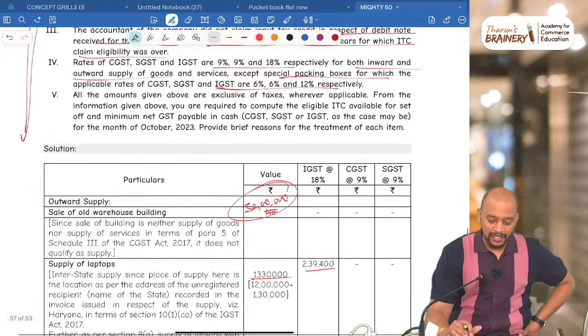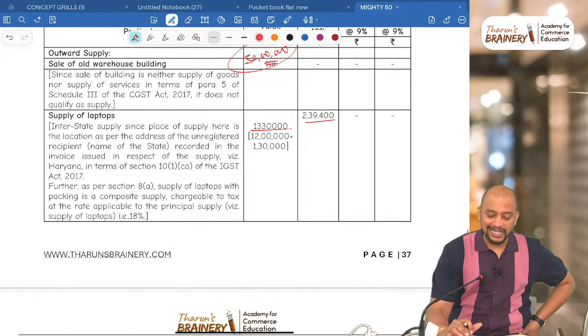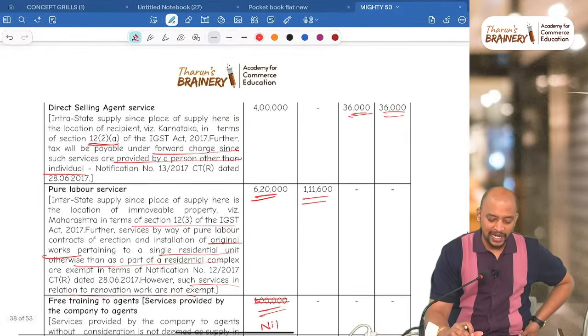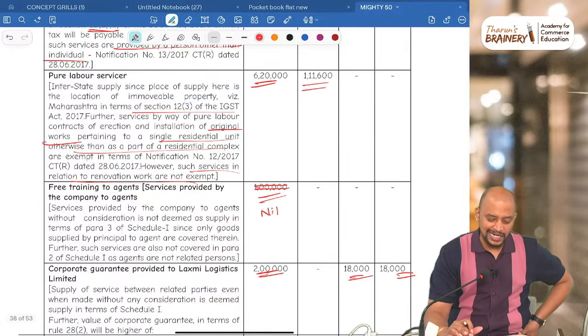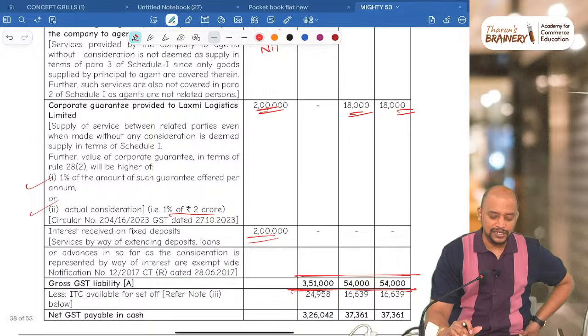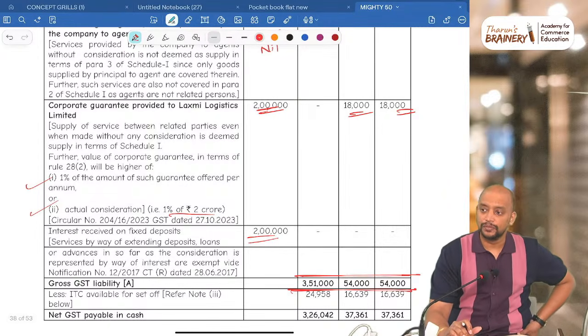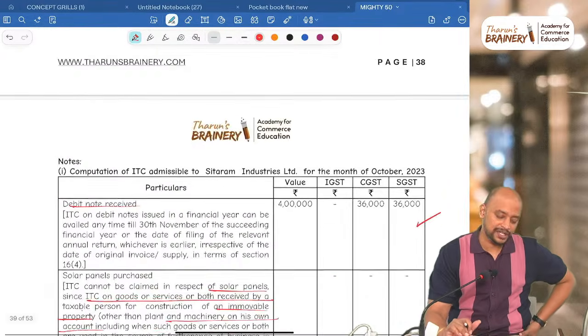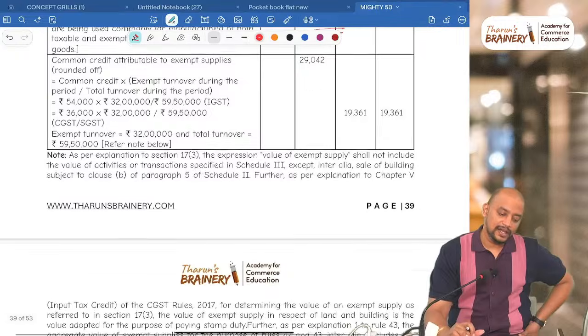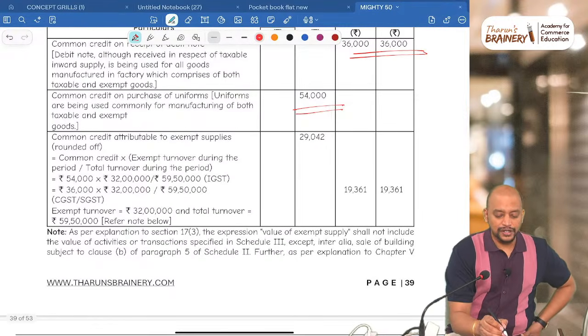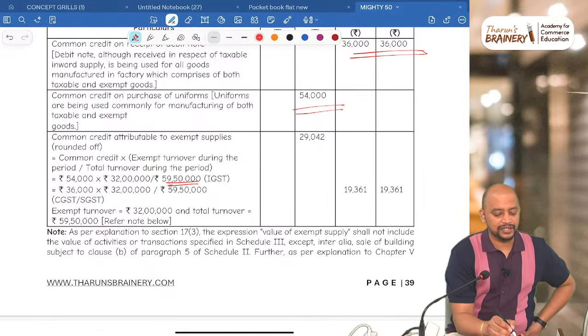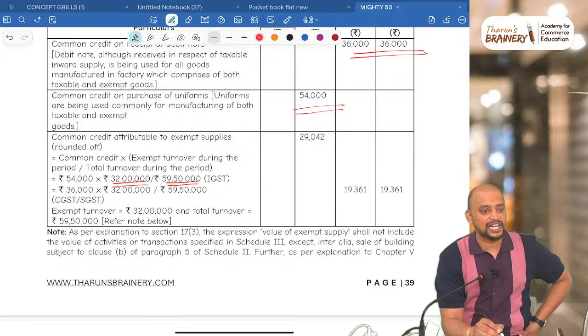What is the total? 32 plus 13 lakh 30 plus 4 lakh plus 6 lakh 20 plus 2 lakhs plus 2 lakhs. In total it will come to how much? You understood how we got 59 lakh 50,000? 32 lakhs divided by 59 lakh 50.